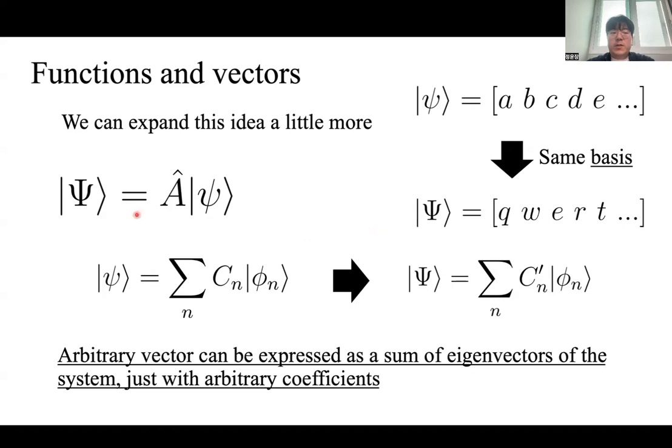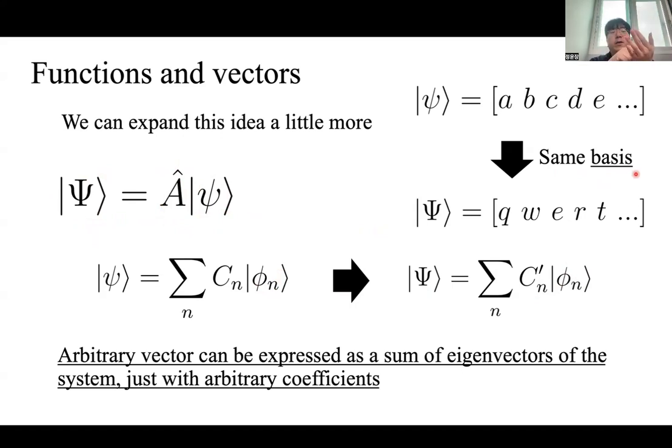So what this means is that if I had an old state and I applied an operator to it, then we changed it. Remember things like translation or inversion, we're changing the entire vector. But even if we do that, I can use the same basis. This word basis, if you remember what it is for vectors, it's the XYZ coordinates, for example.